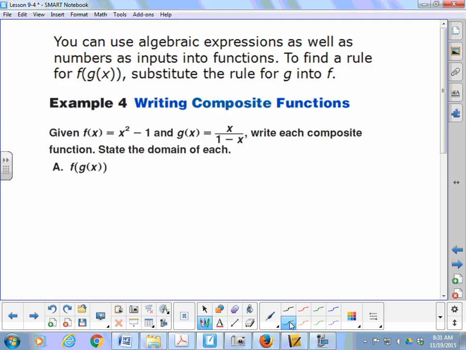So we're going to replace this x squared with this whole thing.